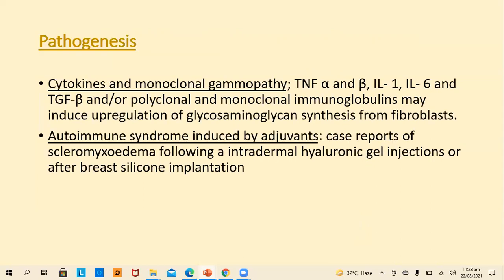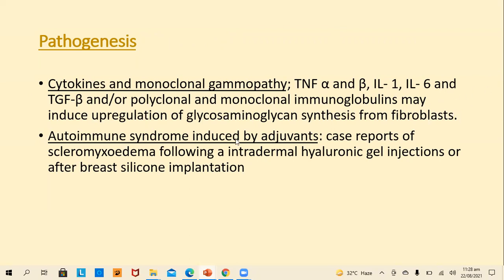Pathogenesis. Cytokines and monoclonal gammopathies, tumor necrosis factor alpha and beta, interleukin 1 and 6, transforming growth factor beta, and polyclonal or monoclonal immunoglobulins may induce upregulation of glycosaminoglycan synthesis from the fibroblasts.